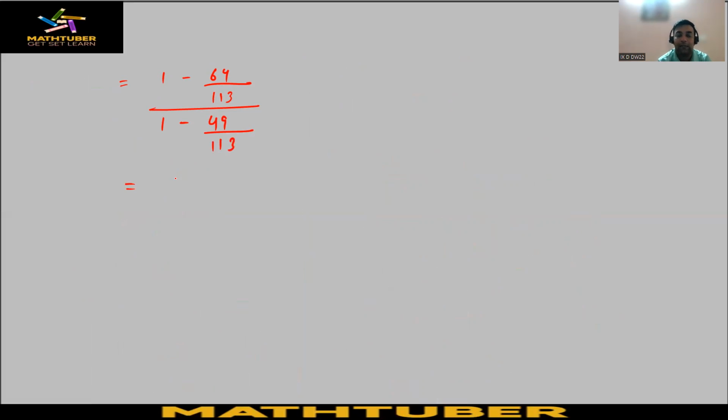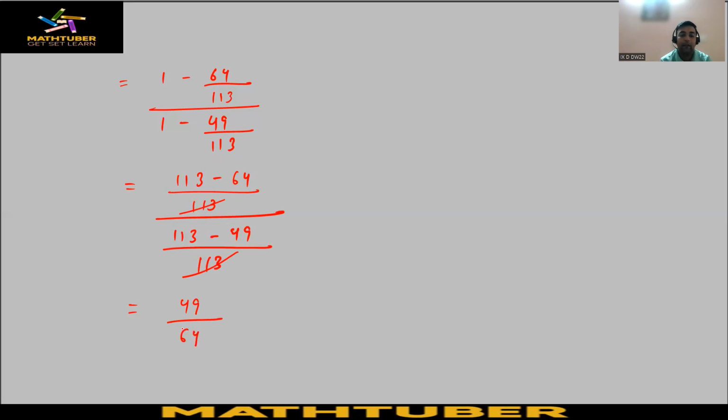And if we take LCM in both numerator and denominator, it will be 113 minus 64 upon 113, similarly 113 minus 49 upon 113. Then 113 will get cancelled. 113 minus 64 will be 49, and 113 minus 49 will become 64. So this is the value of the first part.